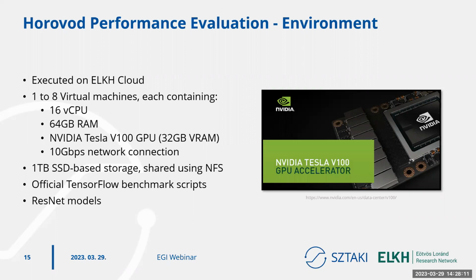Each of the virtual machines had an NVIDIA Tesla V100 GPU card, and the nodes were connected by a 10 gigabit per second network connection. For actually measuring the performance, we used official TensorFlow benchmark scripts, and we trained ResNet or residual network models, which are very commonly used in the computer vision field of AI.